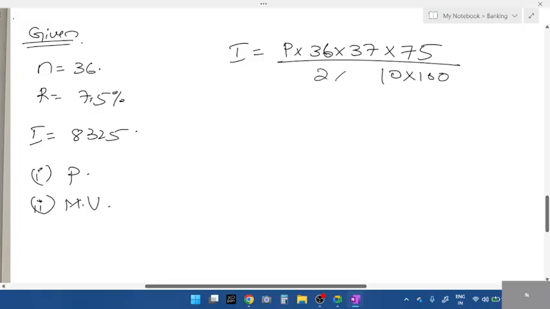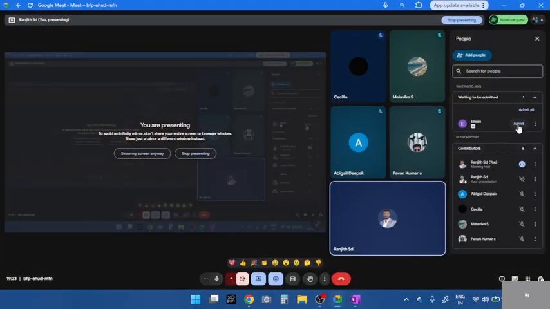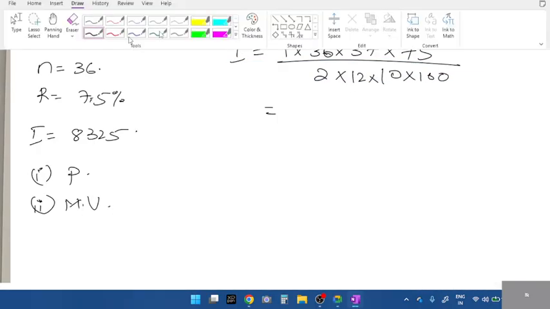Okay, 2 into 12. This is the formula. This is the value, students. P into 36 into 37, 75 divided by 100, 10, 2 into 12. And interest is equal to 8,325. The interest is 8,325.